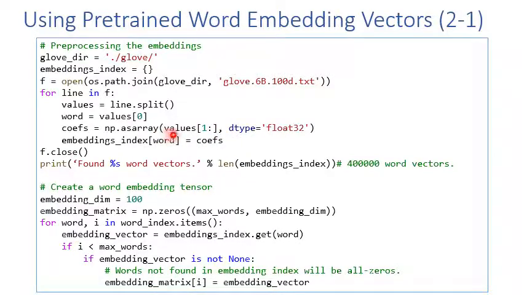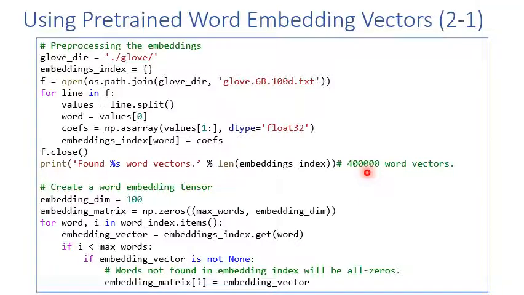We convert the values into a NumPy array, that's the coefficient, and we create a dictionary where each word saves the corresponding coefficient. The total number of lines corresponds to the number of words in the vocabulary, which is 400,000.